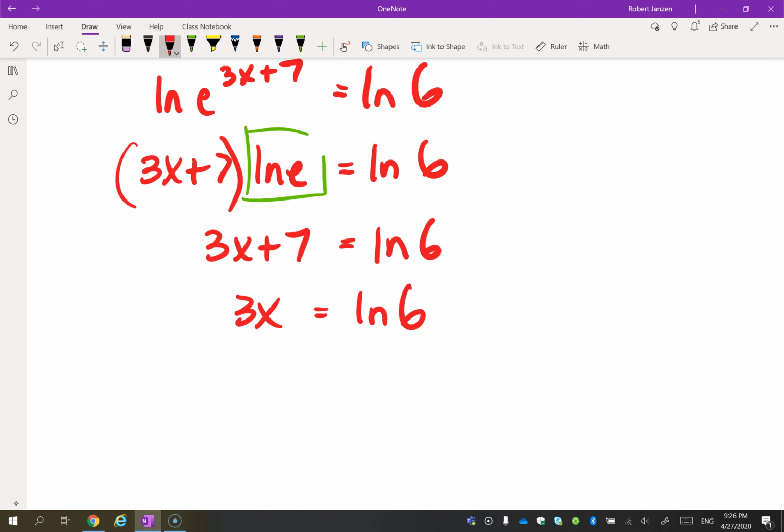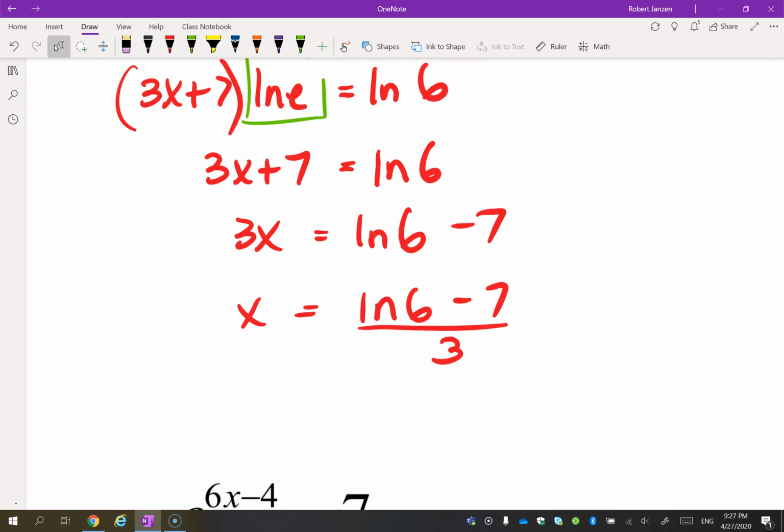Well, it's going to be this. So we're going to go natural log of 6, take away 7, divided by 3. This is negative 1736. You should definitely try that.